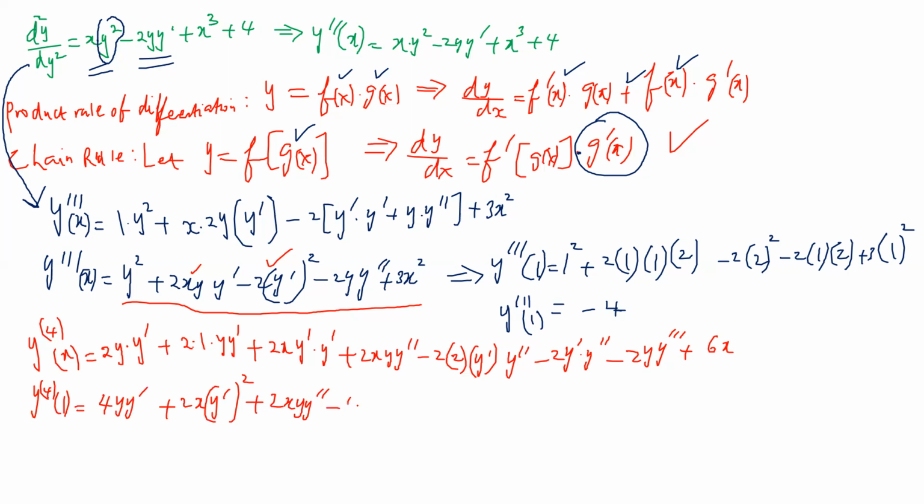Now we have -4 y primed, y double primed. Anything like that? Is y primed, y double primed the only one? No, there are 2 of them.